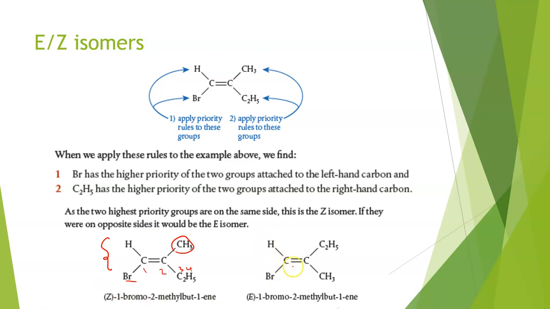For the other one, if we change the position of the ethyl and the methyl groups, then we will see now we still have 1, 2, 3, 4 for our longest chain, and it is 1-bromo-2-methylbut-1-ene as before, but this time we would put the E out the front as the E configuration of this isomer.